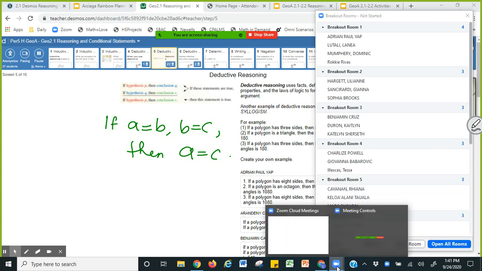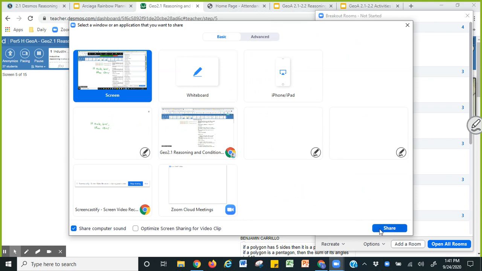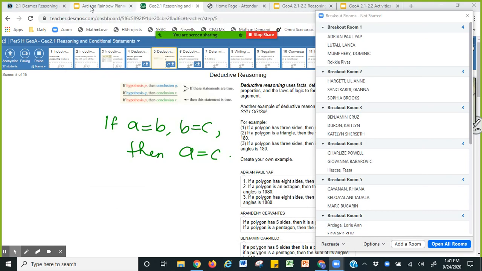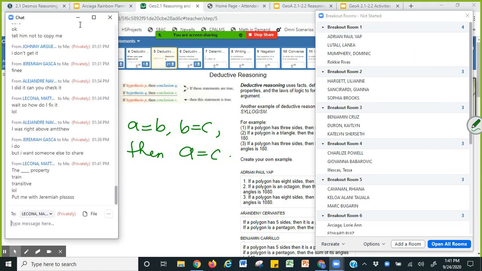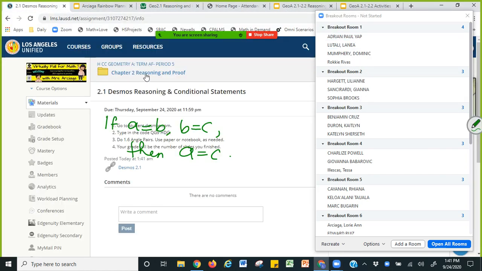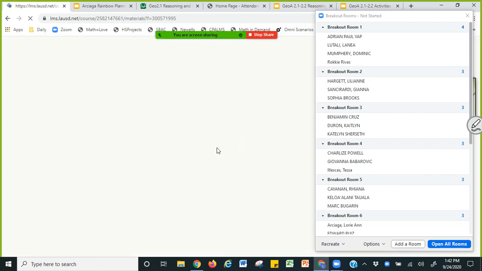Okay, so let me share my screen again. All right, so now let's go back. Let's leave that slide for now, and let's go to Schoology. Inside Chapter 2 folder, you will see a Google slide deck.